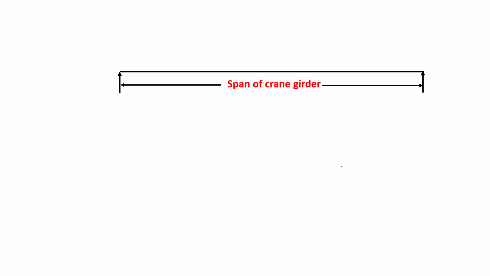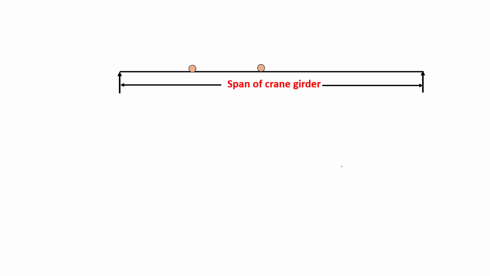Likewise, the span of crane girder is greater and the span of gantry girder is smaller, and on that our wheels will move on the gantry girder along the longitudinal direction. Try to understand. The crane girder moves along the longitudinal direction and the wheels of the crane girder will move on the gantry girder.